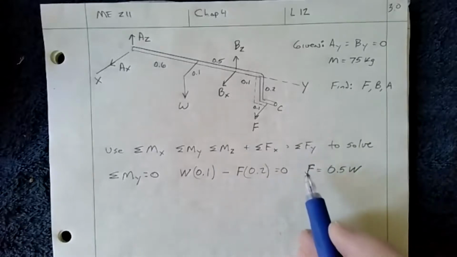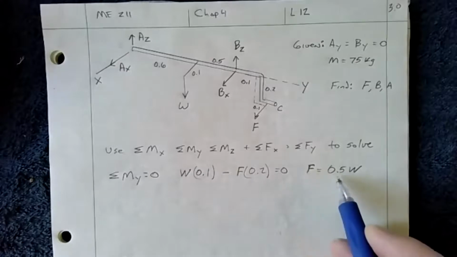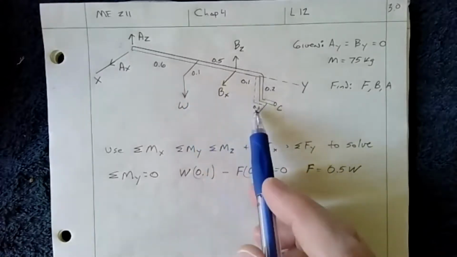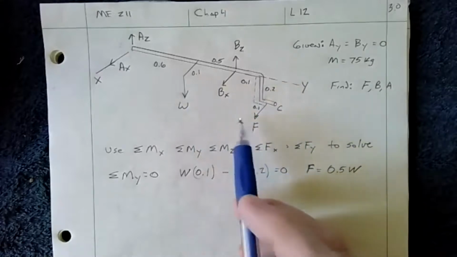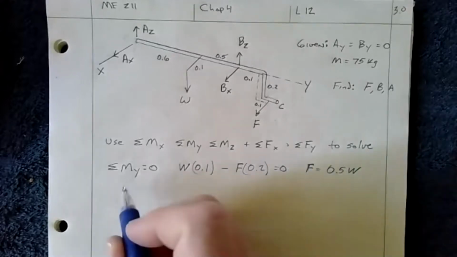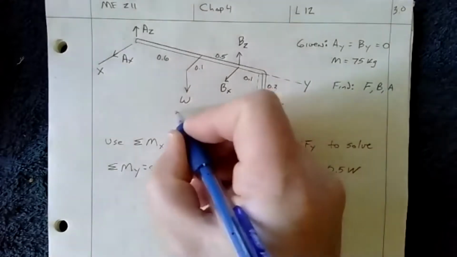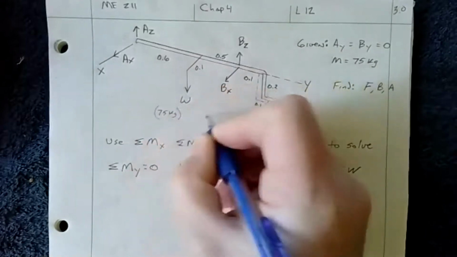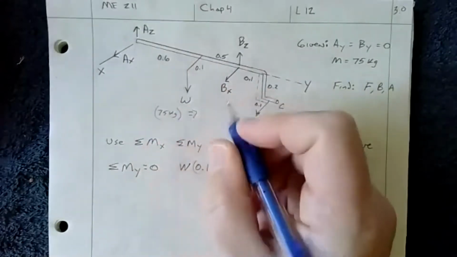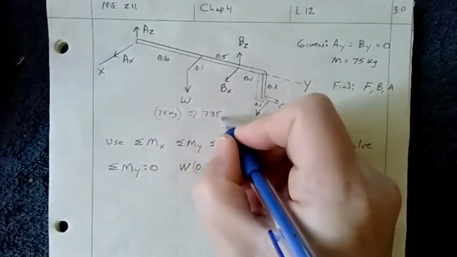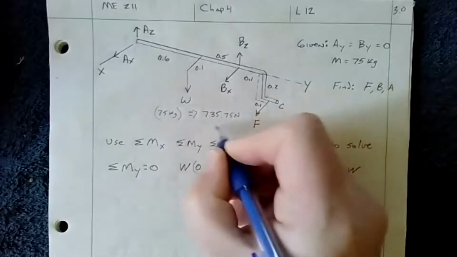So we can see right away that the relationship is just that whatever that force is, it's half of the weight, and that's just the mechanical advantage that we get from doubling the moment arm. So if we do that, then we can calculate it right away. Now we know that this is 75 kilograms, which if we multiply it by gravity gives us 735.75 newtons.